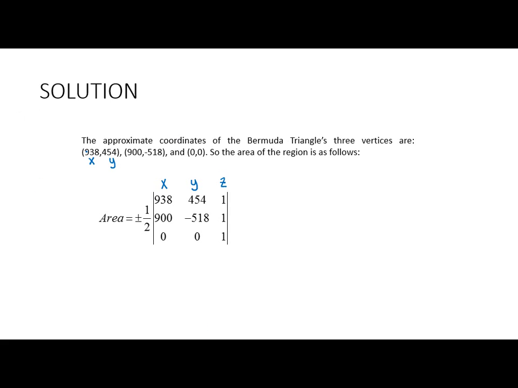Then you take your second point, you put it for X, Y, and then your third point, X and Y. And then you write the first two numbers also. Good. Then to find the area, we're going to find the determinant. And the way we're going to do that is to expand the first two columns again.